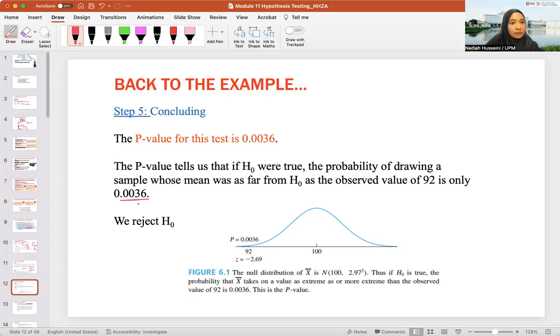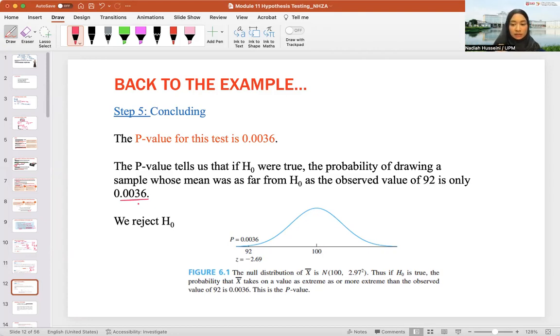Okay, so let me recap that in a different way. When we get our z-score and we get the probability from the CDF table, and it is super small, what does it tell us?